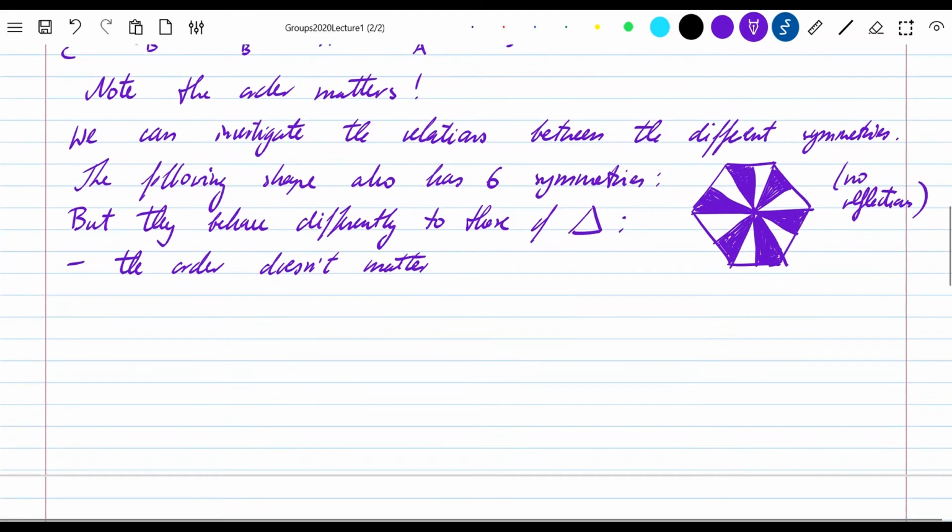Another thing to notice is that if we, for example, pick the rotation by 2 pi over 6, and repeat it less than 6 times, this will never get us back to the original position.